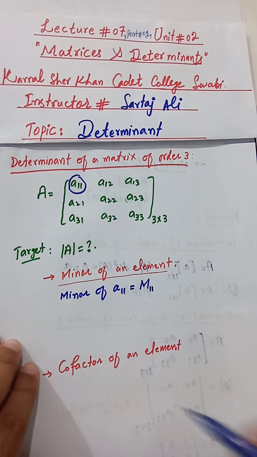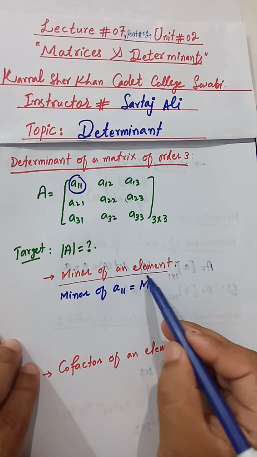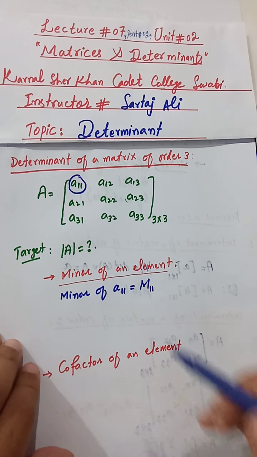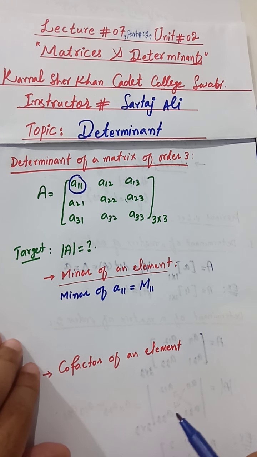This capital M11 is the notation for the minor of the element of the matrix which lies in the first row and first column.